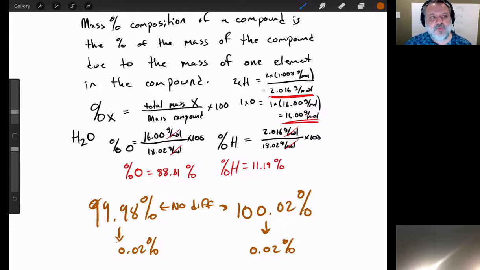Yeah, even just a single percentage point, that's too far off. We need to go back and recheck. A couple of hundredths in a decimal place, we're okay. But a whole percentage point? No, we've got to go back and check that. That's more than a rounding error.